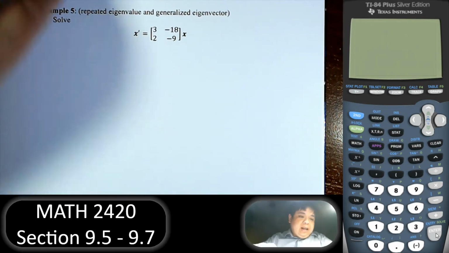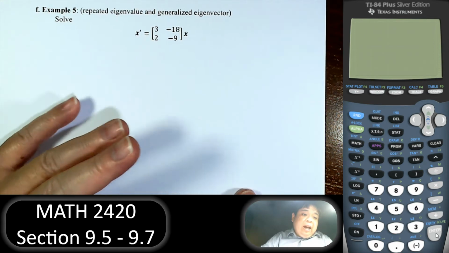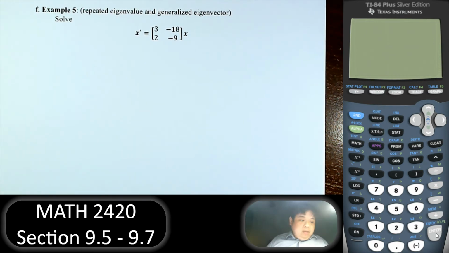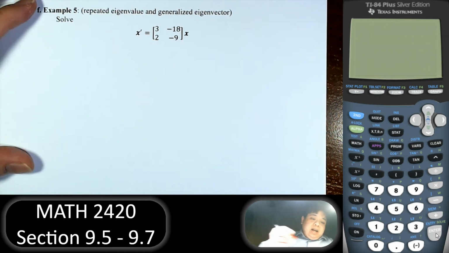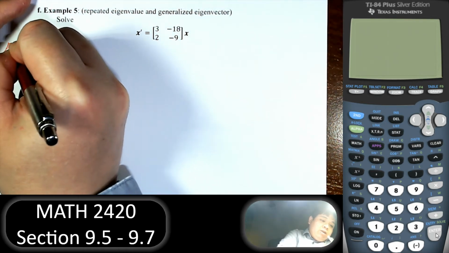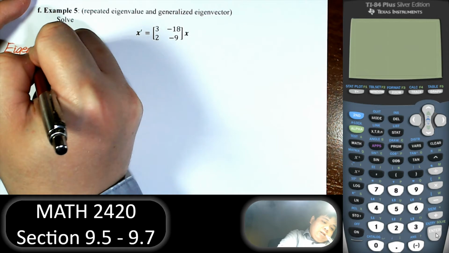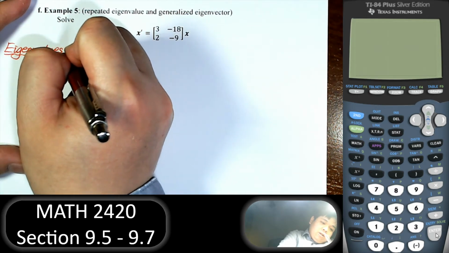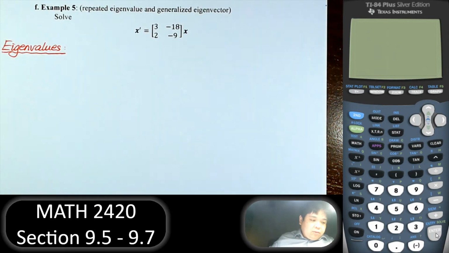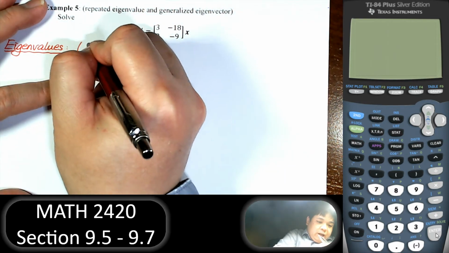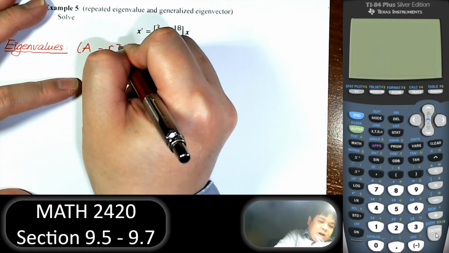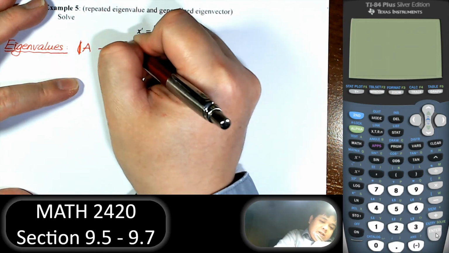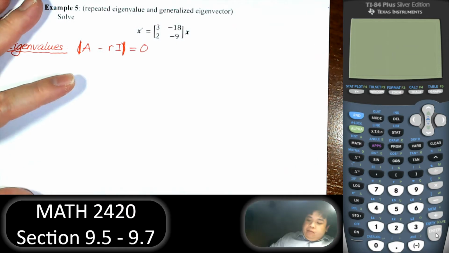Right. Next, repeated eigenvalues and generalized eigenvectors. Now, this is another case. Let's just go for eigenvalues first, which is the equation determinant of A minus Ri equal to 0.